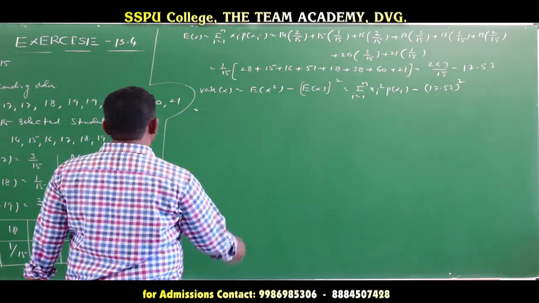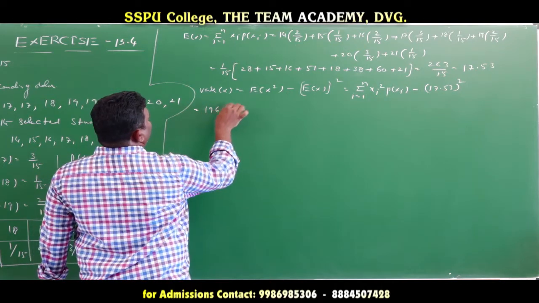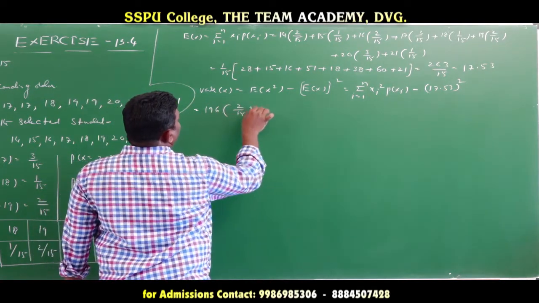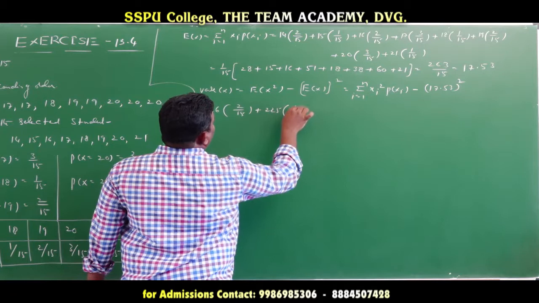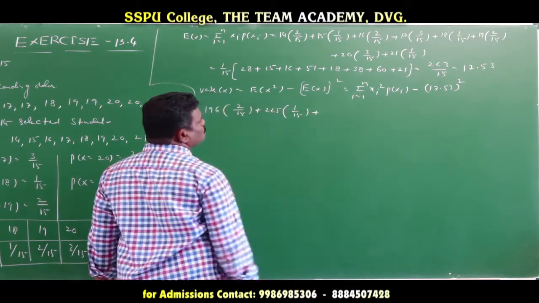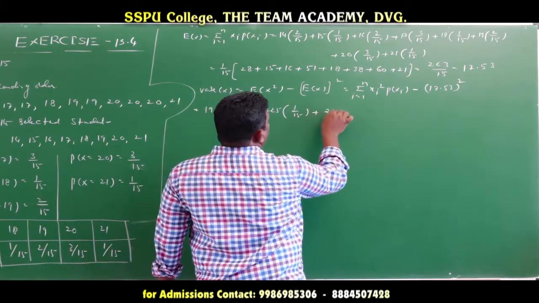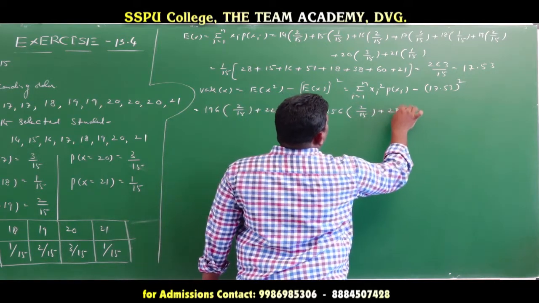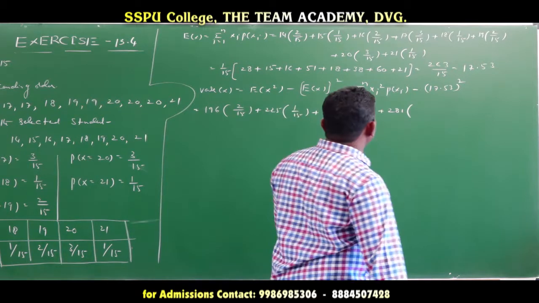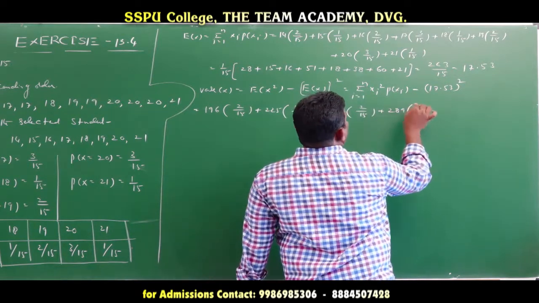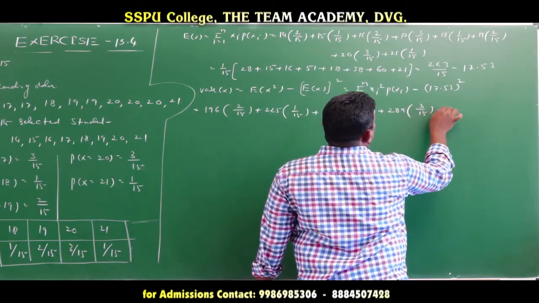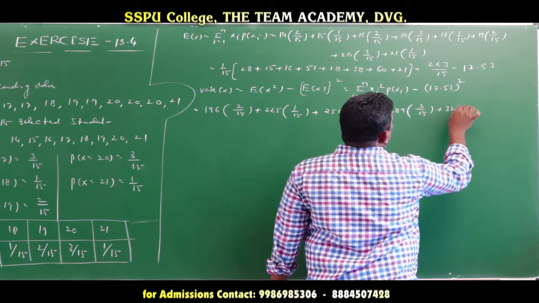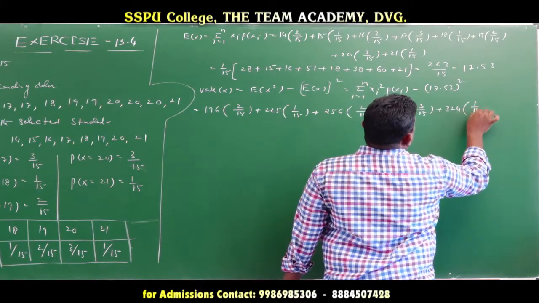Now, the expectation of x square: 14 square means 196 into 2 by 15 plus 225 into 1 by 15 plus 256 into 2 by 15. Next 17 square, 289 into 3 by 15 plus 324 into 1 by 15.